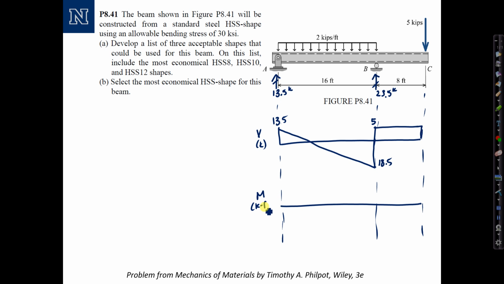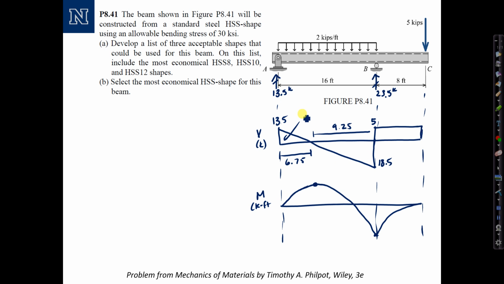Moment in kip feet starts from 0 at the left end, comes up to a maximum, drops back down, and comes back up. And the values of the maximum moment and the minimum moment can be calculated from the areas of the shear diagram, which very quickly I'll denote. This length here is 6.75. The length on this side is 9.25 feet.